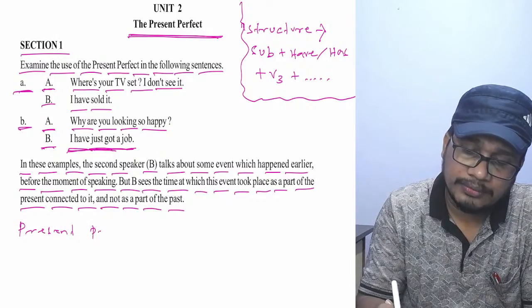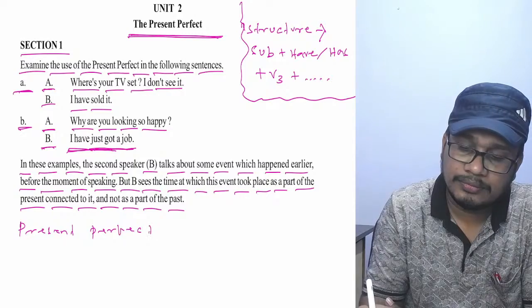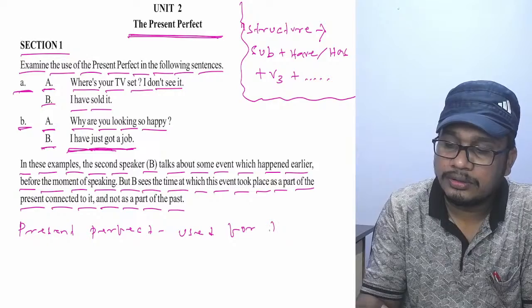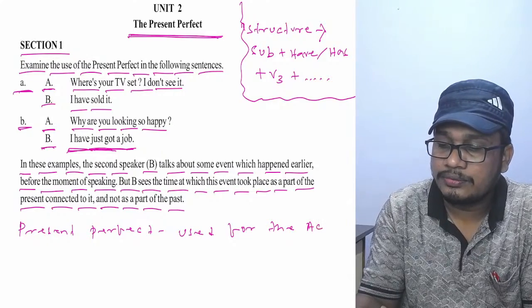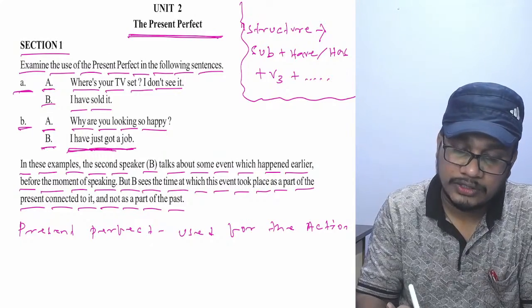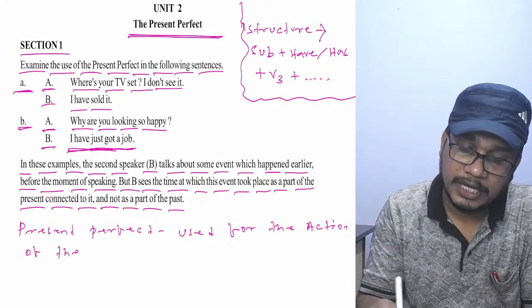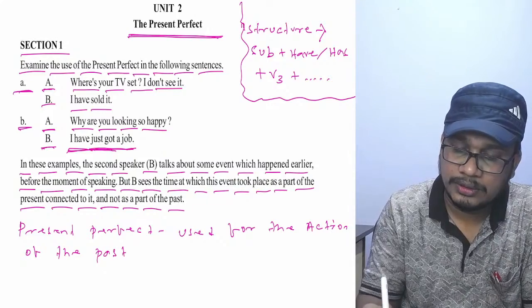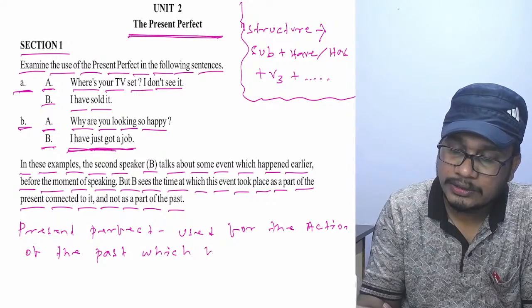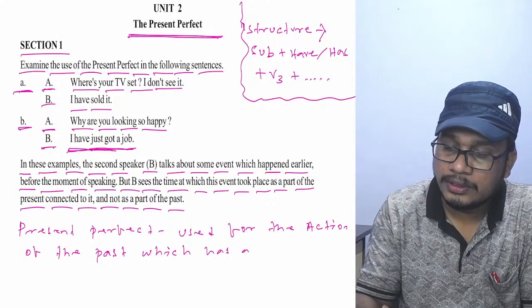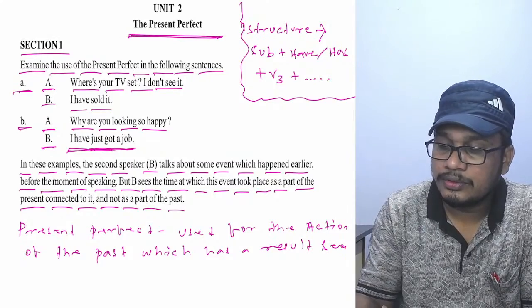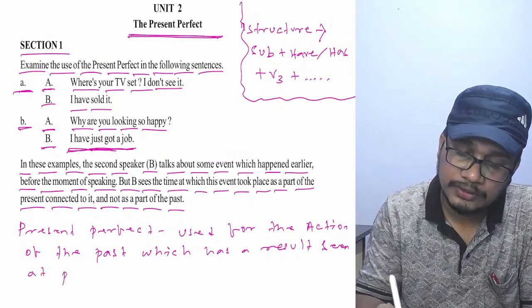Present perfect is used for the action of the past which has a result seen at present.